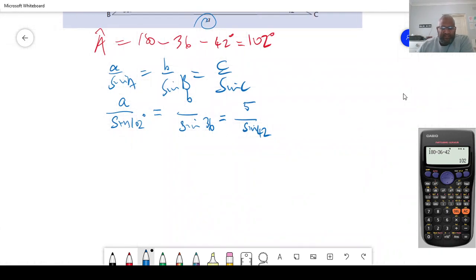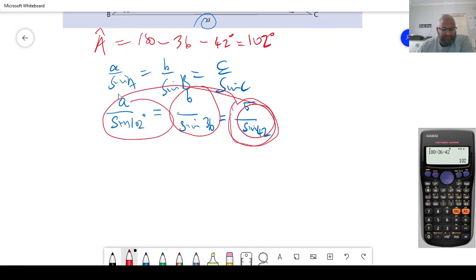So as you can see here, that is our known ratio. I'm going to use that known ratio to calculate b, or I could have gone with that known ratio and calculated a.